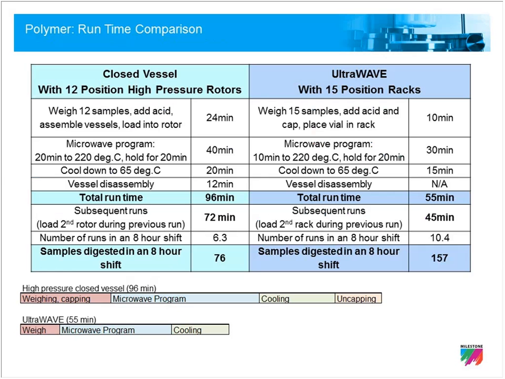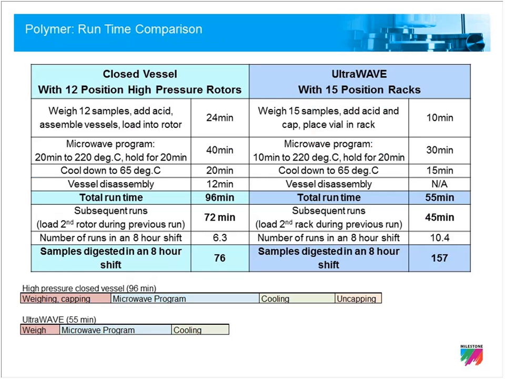That's one very big benefit, but it's also very high throughput. What we did in this data that you see is that we took an 8-hour day, we took the UltraWave with 2 sample racks, and we took the Ethos EZ with 2 10-position rotors. We digested polymer samples over the course of that 8-hour day, one batch after another, and we recorded the time for each step.